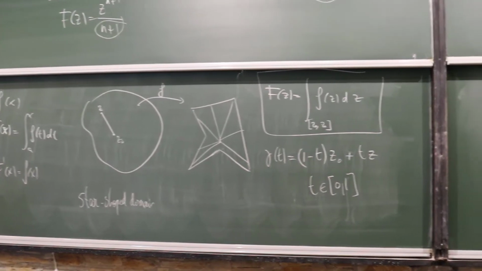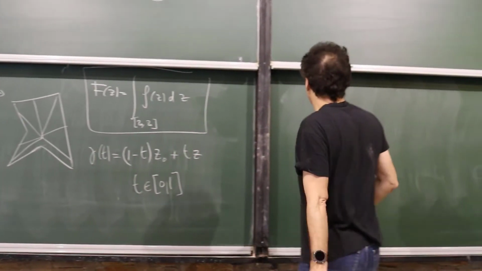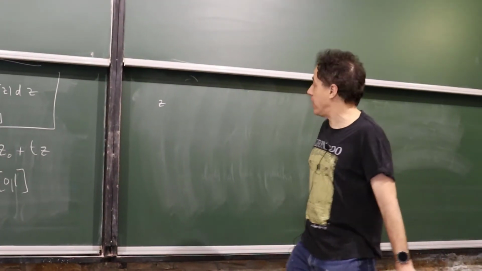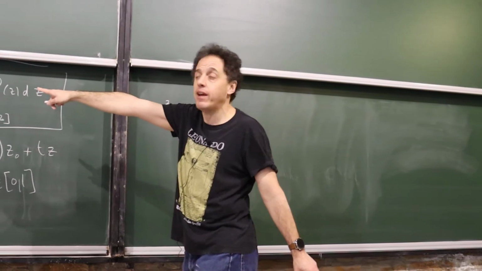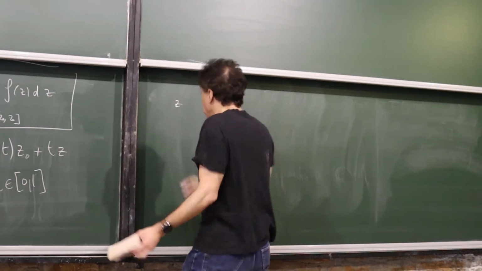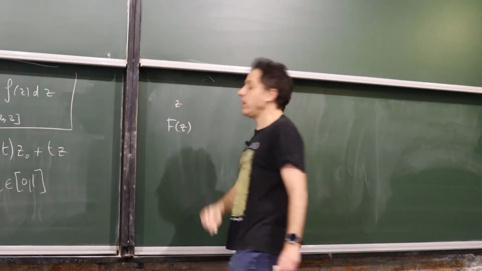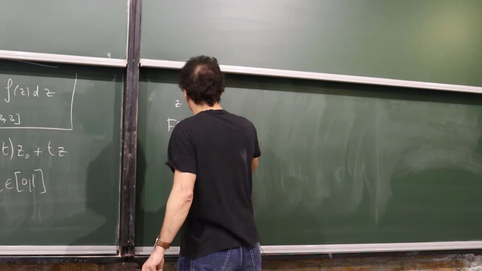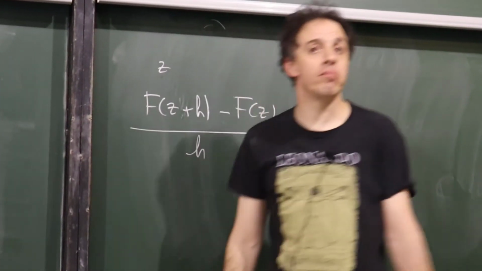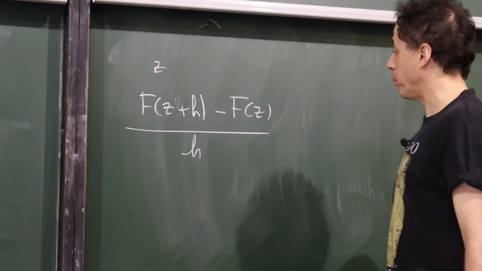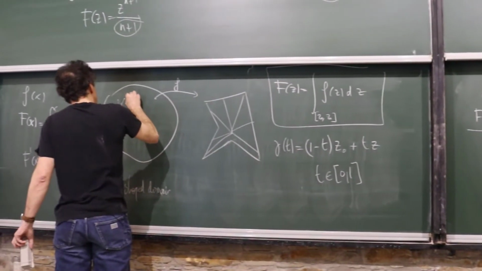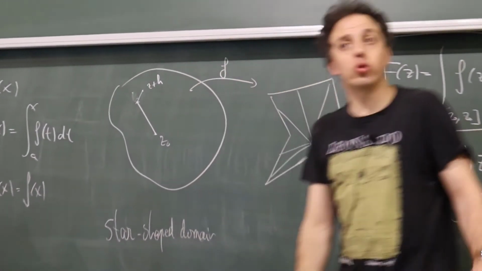Assume you have a point z, and you want to see that the function big F is holomorphic in z, and the derivative is small f. So you have to try to compute this. You have a point z, and you take values z plus h close to z.